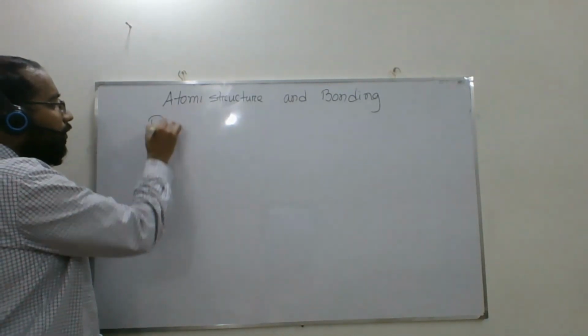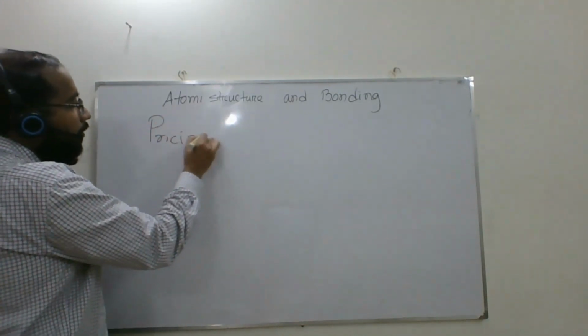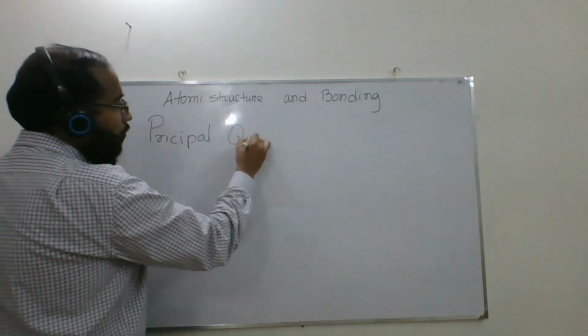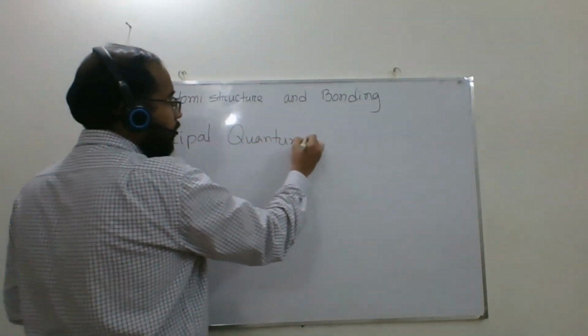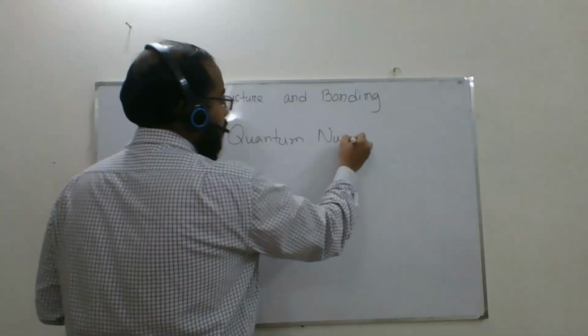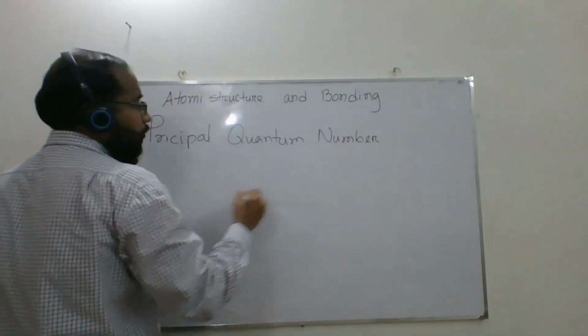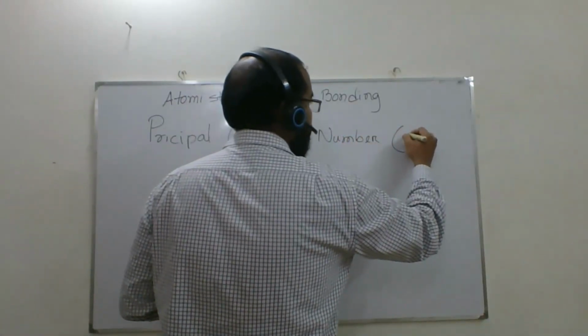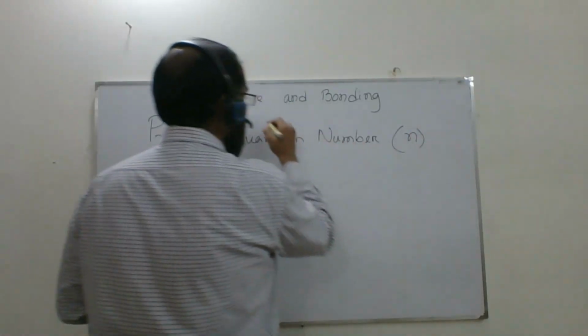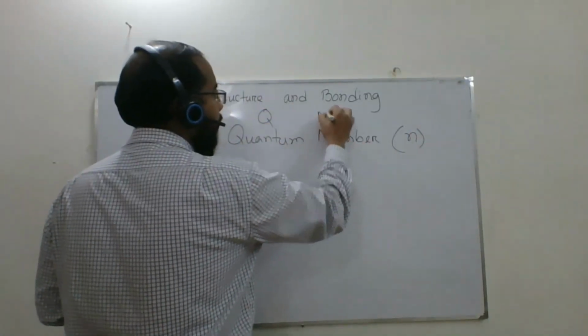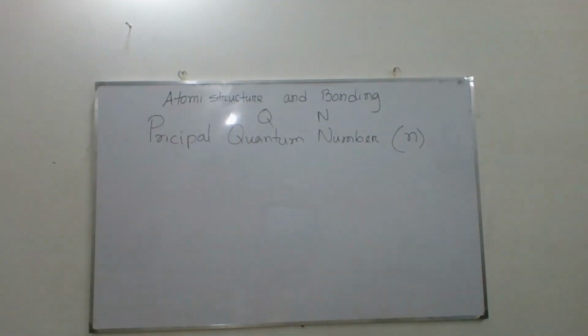One is the principal quantum number, which we say n, and I will write qn for quantum number, so it is easier for me to write and to save some time.